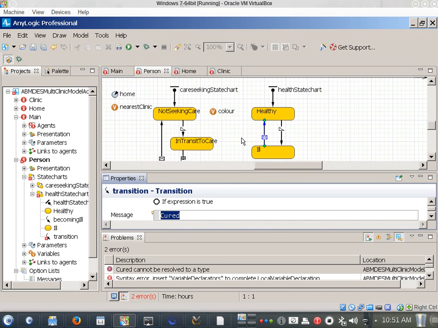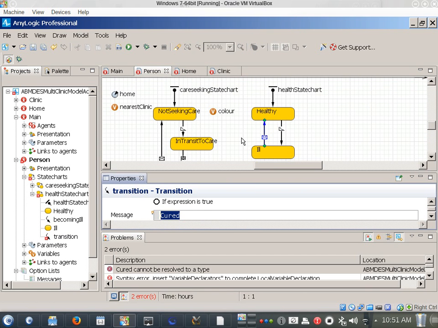Maybe it's misspelled. Departed. No, it doesn't seem to know it. So let's go to option types. Oh, it's just he misspelled this here. Messages departed health with a capital C.